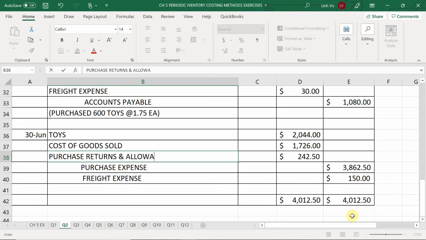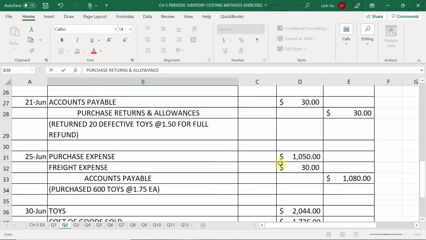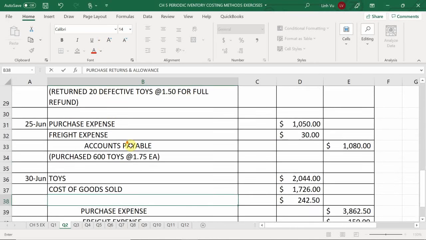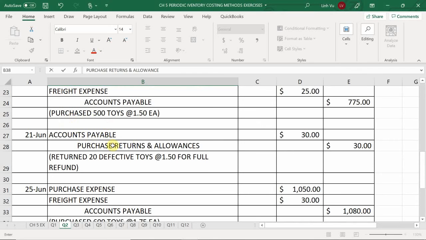Okay, so in this case, what we're essentially doing is, when we're converting our expenses into inventory, we're going to be zeroing out the account. So if I put $100 worth of purchase expense in the account and I'm zeroing it out, therefore I need to take out $100. Okay, and because we end up making returns and allowances, since that's a contra account to my purchase expense, I also need to zero that account out. Now, originally I have it as a credit.